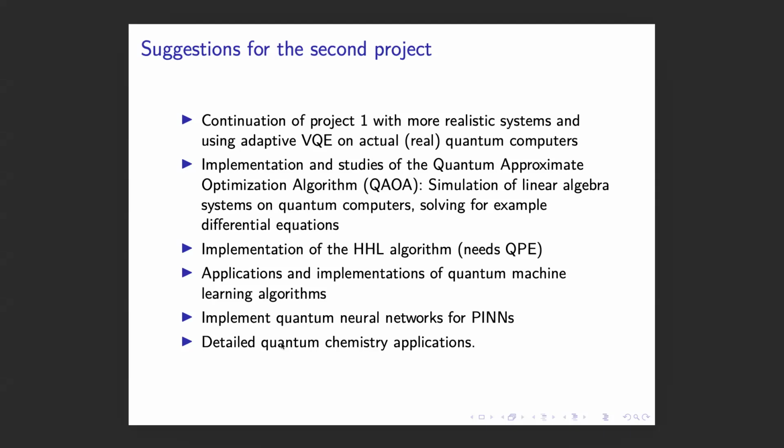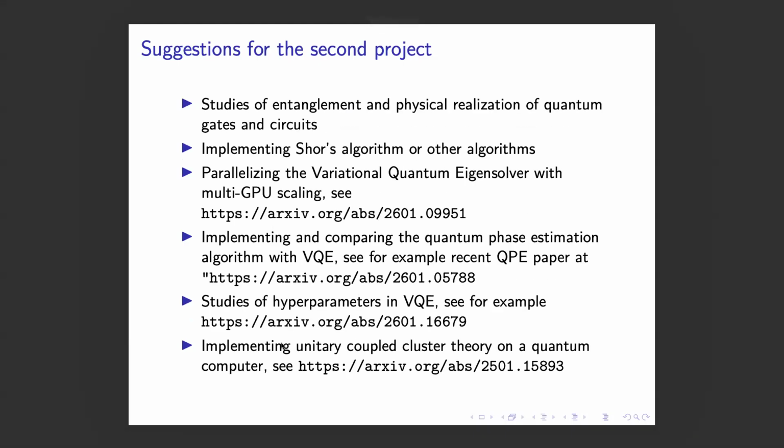We're also going to discuss quantum machine learning algorithms after we have discussed the QAOA and the HHL. If you want to implement quantum neural networks, that is possible. And we will discuss that after the break. So that would be in the second half of April.